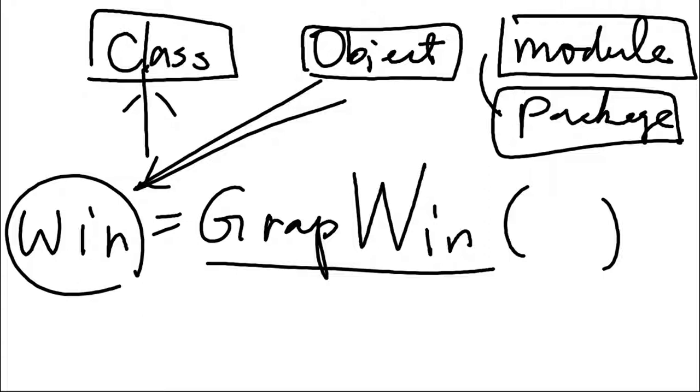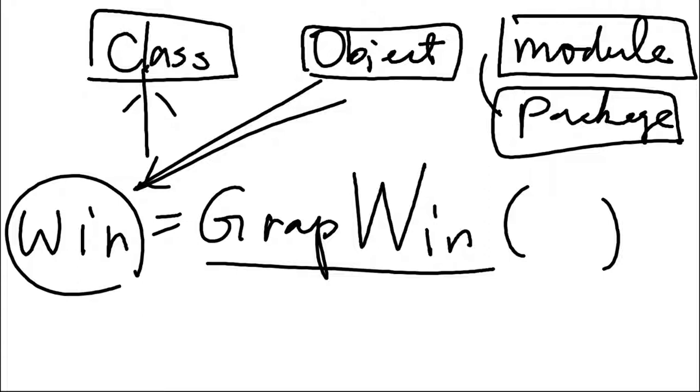Class is class, object is object. Class and object are different. The object is the win part, right? Yeah, object is the win part.